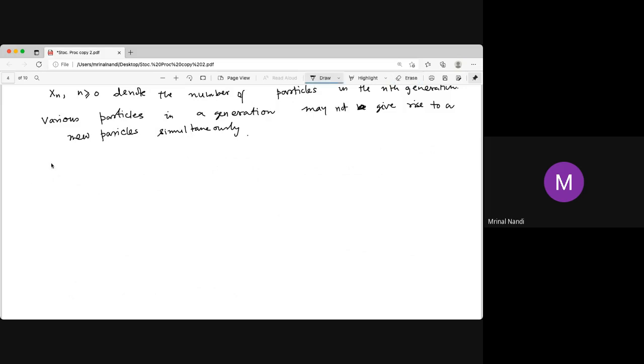At a given time, say t, particles from several generations may coexist. So this is a real situation.